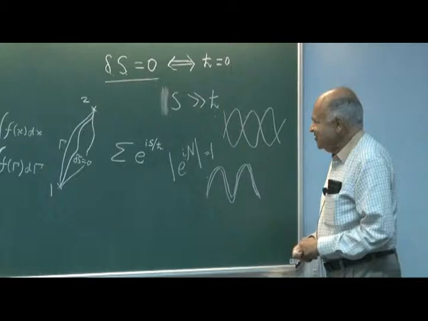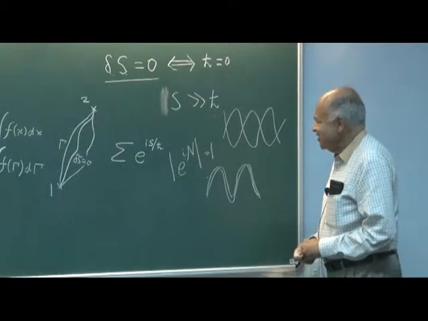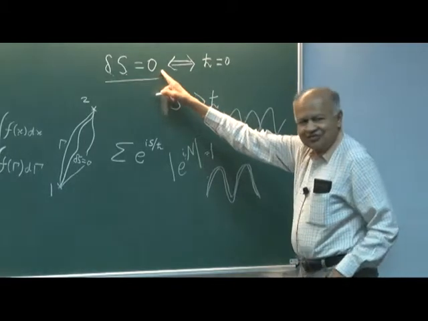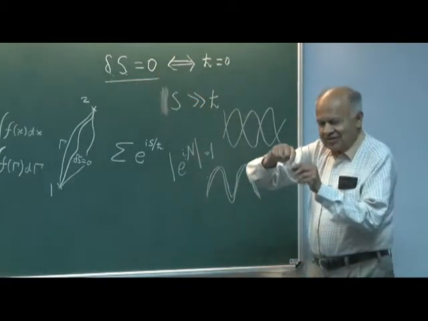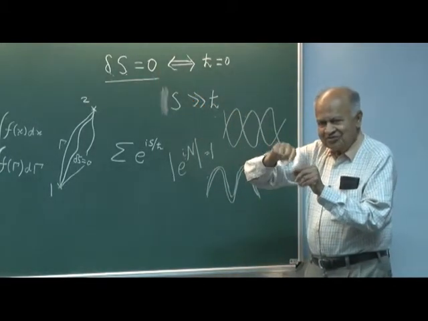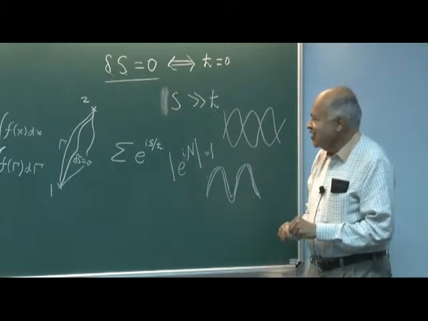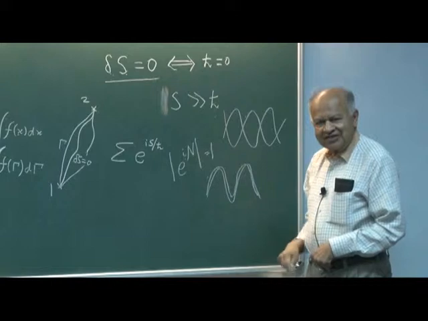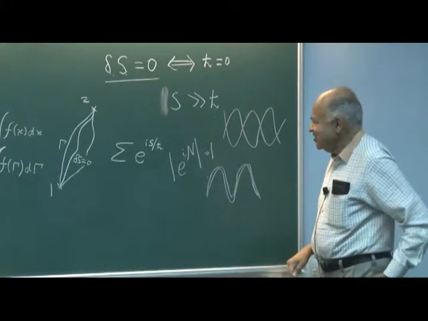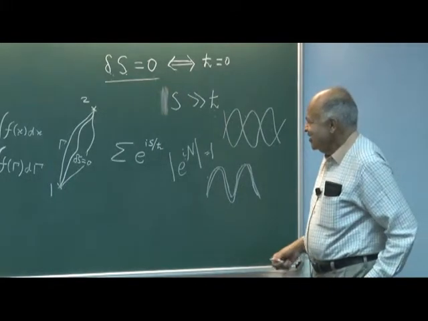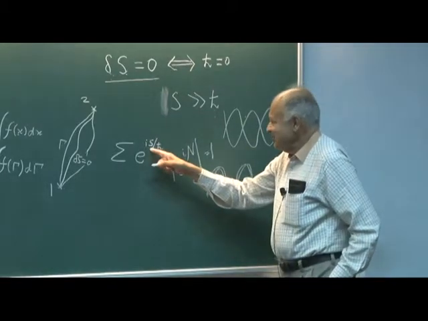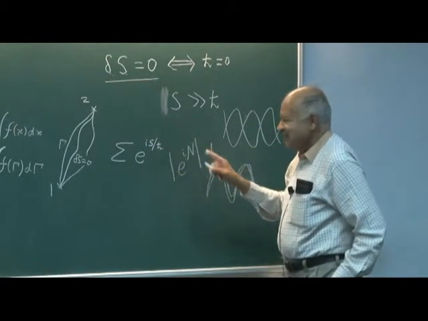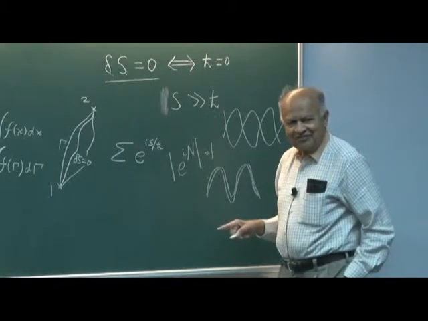And that is what happens in the path integral theory: if you have delta S equal to 0, that means those neighboring S values are the same, then there is a coherent addition of these oscillations, and you therefore get a finite, non-zero answer, and that answer is the classical path you are talking of.